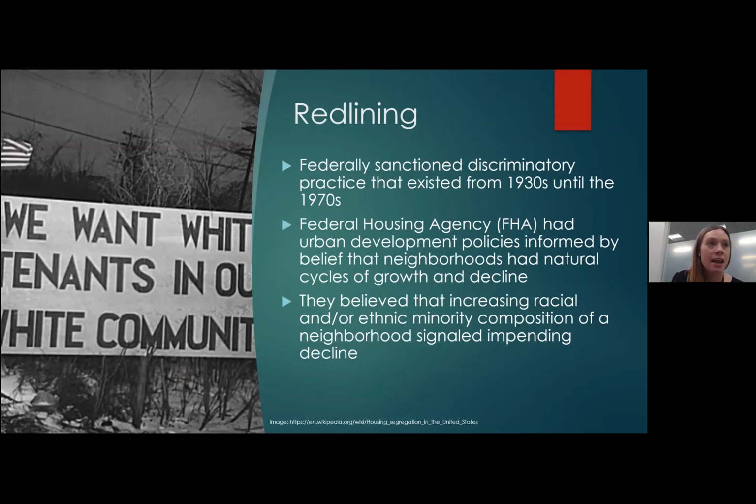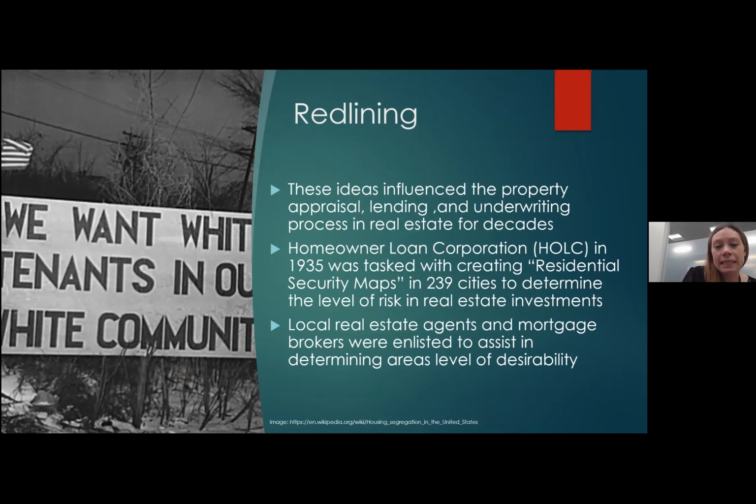Unfortunately, they had this very biased, racist thought that neighborhoods started out with prosperity and grew, and if certain racial or ethnic minorities were allowed to live in such neighborhoods, that was a signal of impending financial decline of that neighborhood.